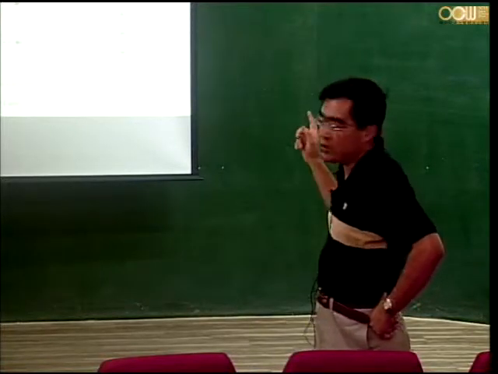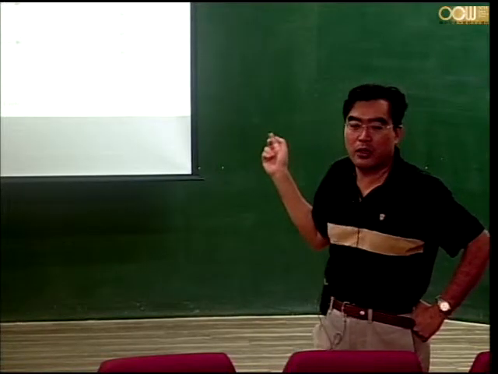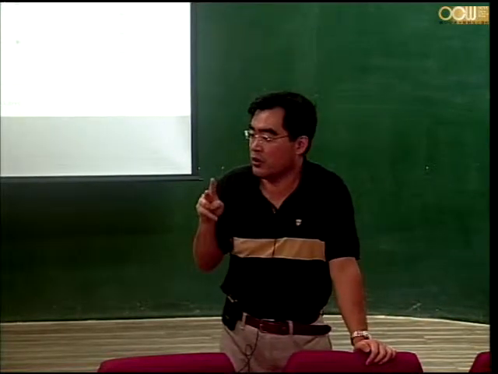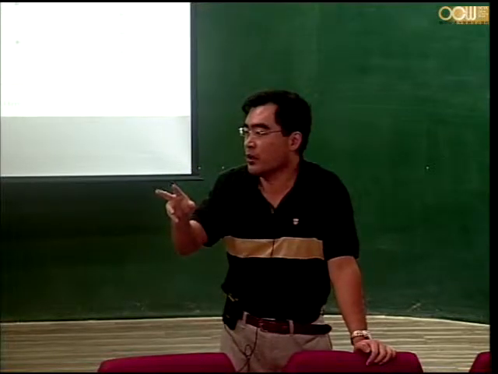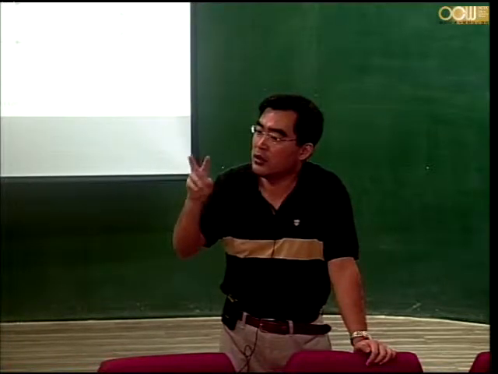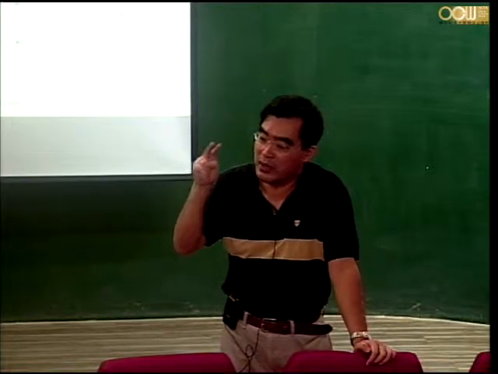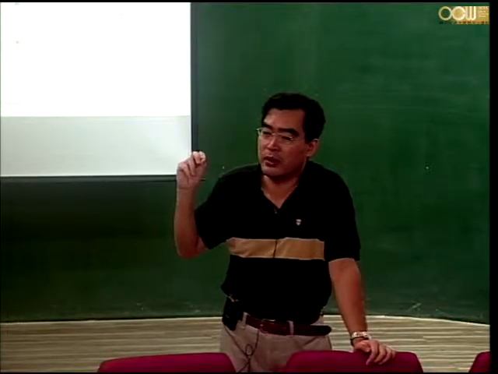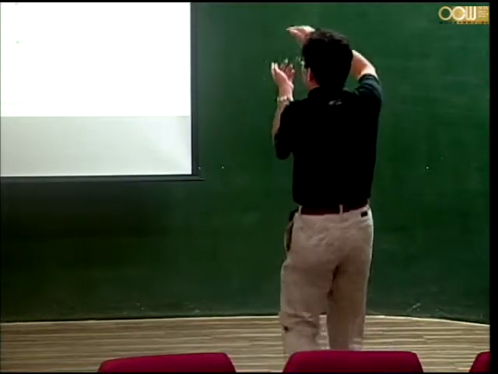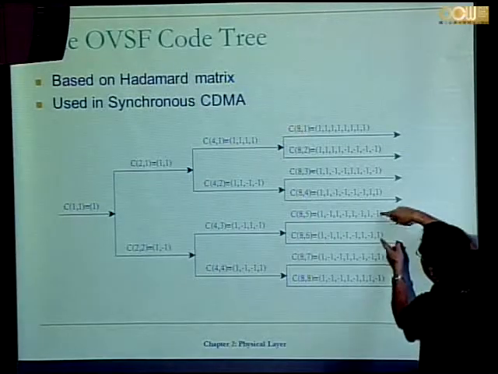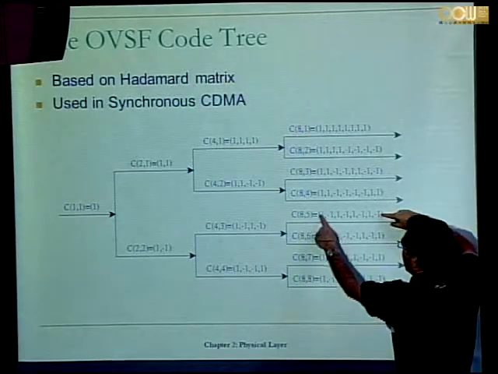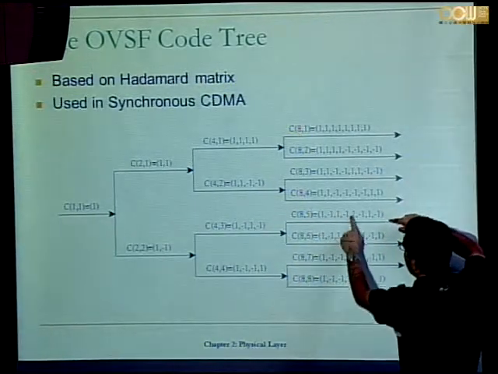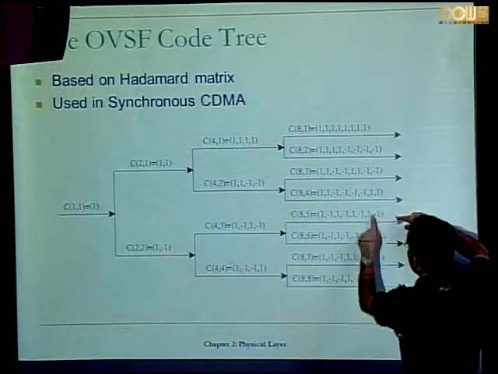And these patterns are actually vectors. And what do you mean by two vectors being orthogonal to each other? In linear algebra, you know that two vectors are orthogonal to each other if what? Their inner product equals 0, right? So if I take a pair of these and do the inner product, this will be 1, 1, 1, 1, and then minus 1, minus 1, minus 1, minus 1.